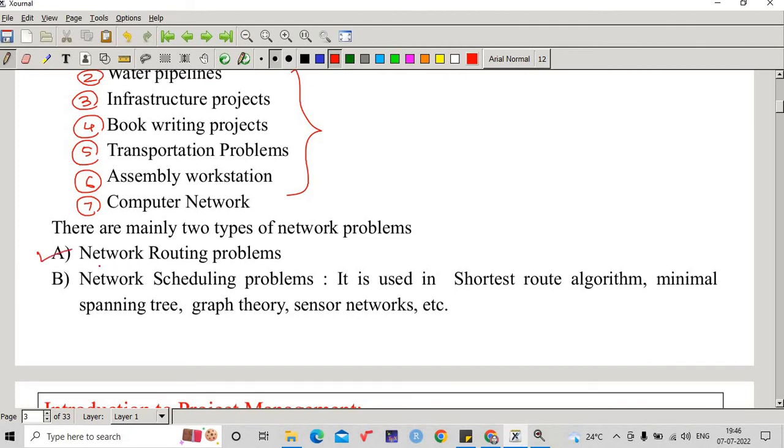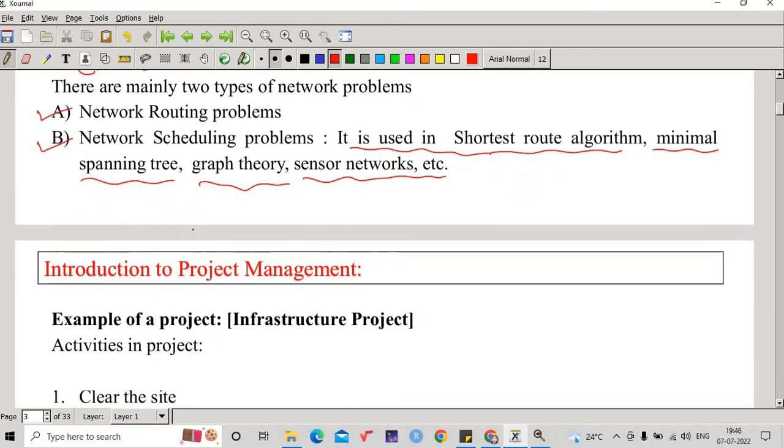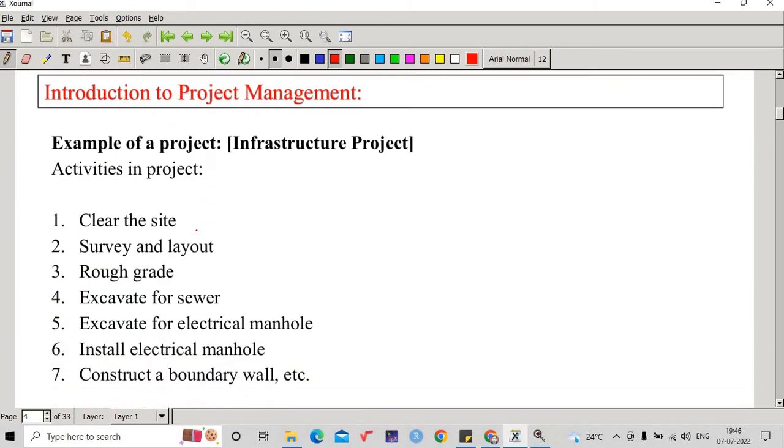Number one, network routing problem, and number two, network scheduling problem. The routing problem uses the shortest route algorithm, minimal spanning tree, graph theory, sensor networks, etc. We will be focusing throughout our unit on the network scheduling problem, not the network routing problem. This is a very different part of project management.